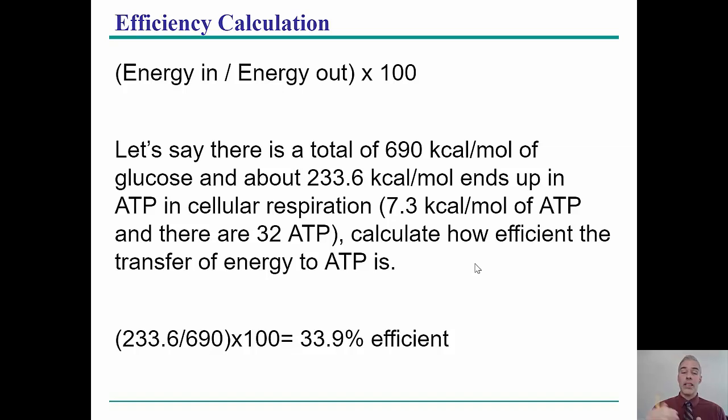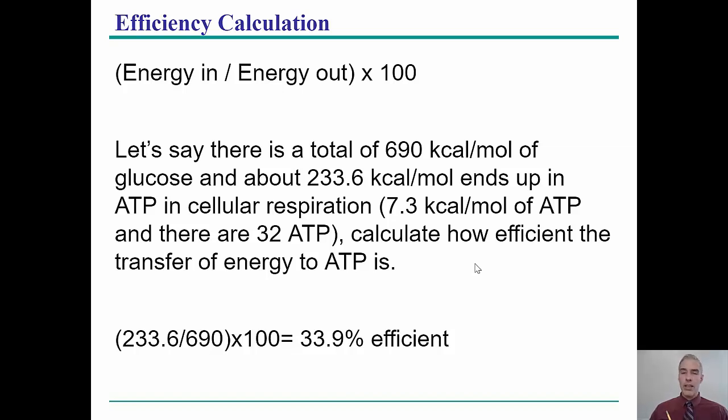Now, if we look at this, I actually did the calculation for you here at the bottom. The transfer of energy from glucose, which we use for energy, to ATP, which is our cellular energy currency, is about 33.9% efficient. That's a fairly efficient process by comparison. It's only a third that's transferred, but it's still way more than the 10% in an automobile.